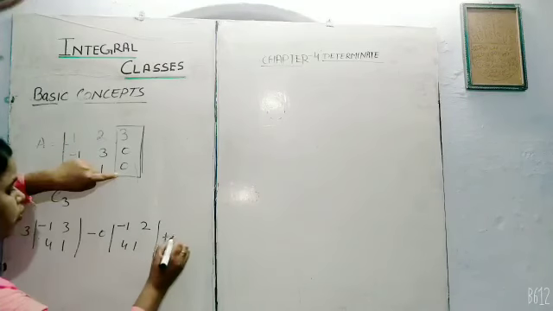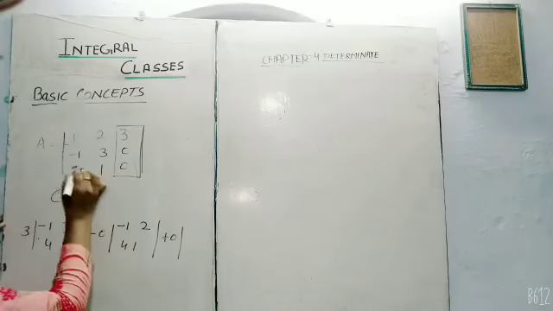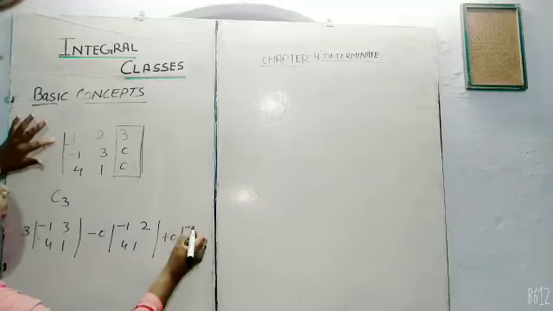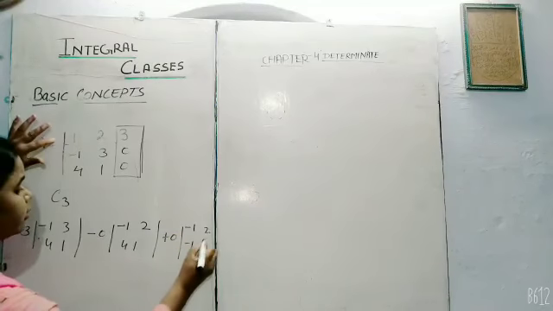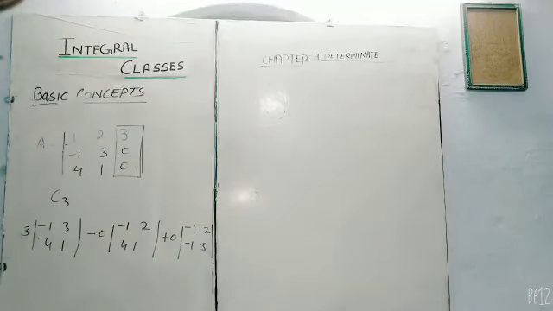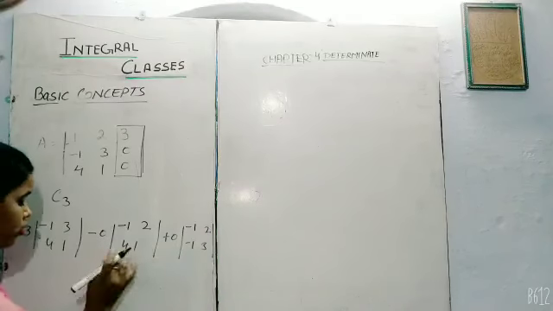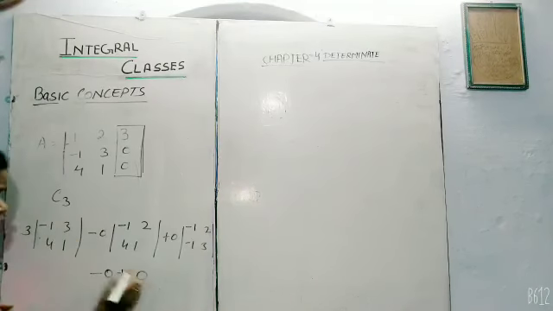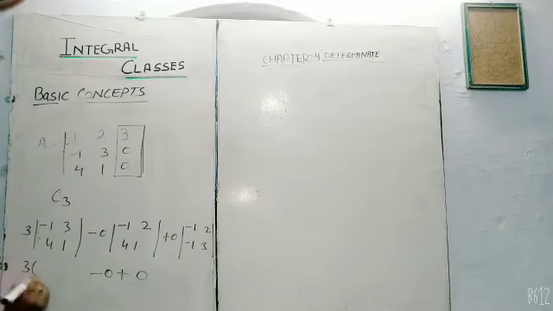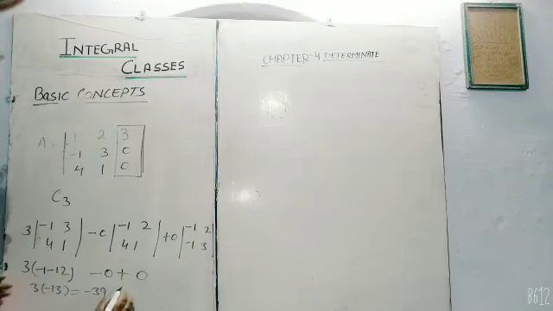Now this 0 is here, so the third row and third column are deleted: minus 1, 2, minus 1 and 3. Now as we know, it is multiplied by 0 already, so it will become 0. Now we solve only this. First determinant: minus 1 into 1, minus 1, minus 12, then 3 into minus 13, we get minus 39, which is the determinant of A.